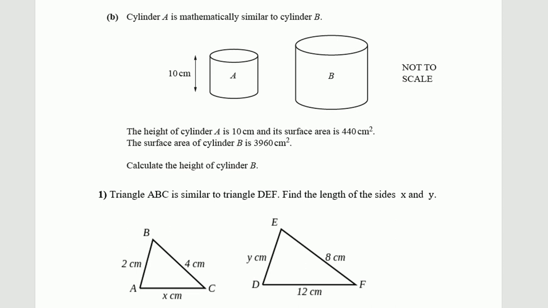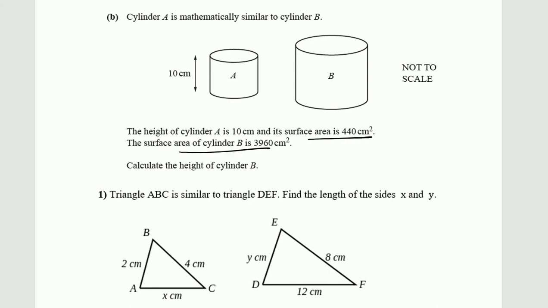Cylinder A is mathematically similar to cylinder B. The height of cylinder A is 10 centimeters and its surface area is 440 square centimeters. The surface area of cylinder B is 3,960 centimeters squared, and I want the height of cylinder B. So the measurements I get to compare are surface area measurements.